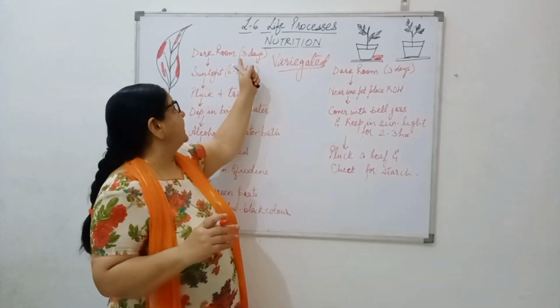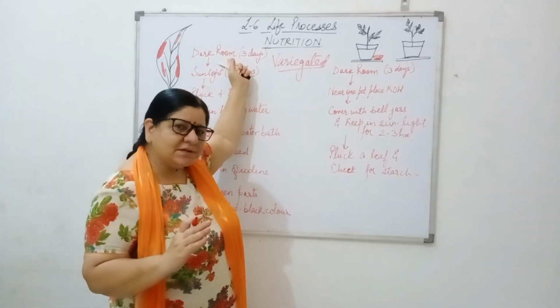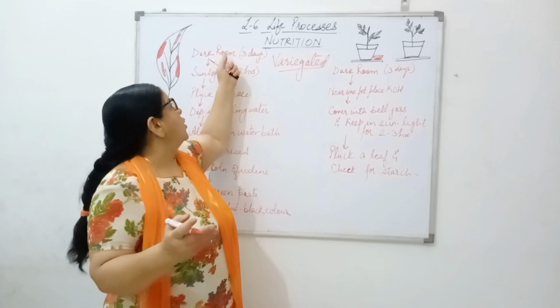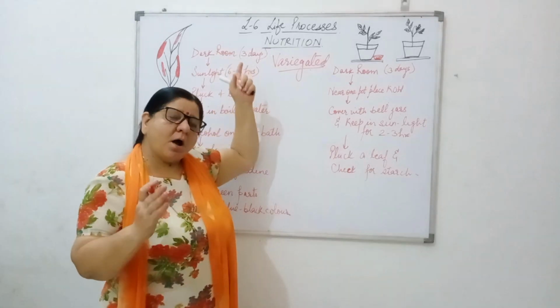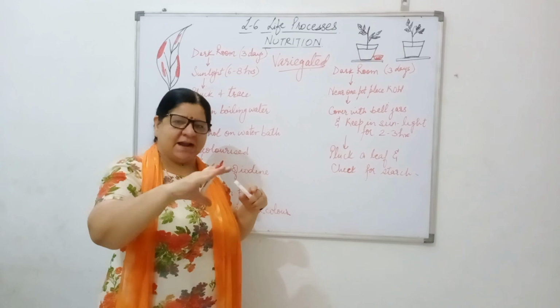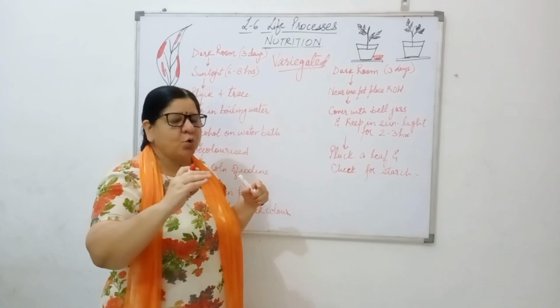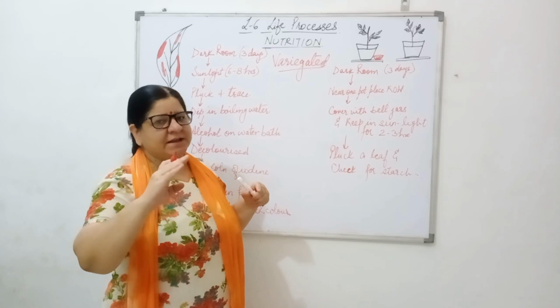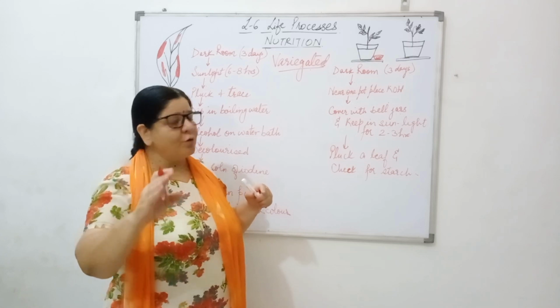So when we keep it in a dark room, photosynthesis will not take place because there is no light, right? So it will use up all the starch which it has in the stored form. In these 3 days, that will get over.